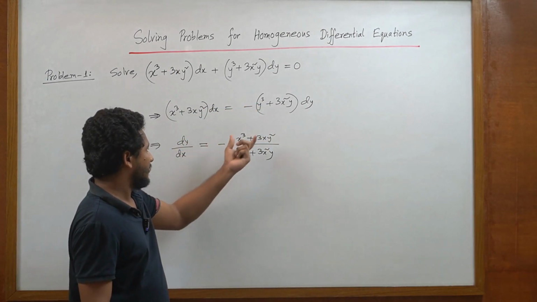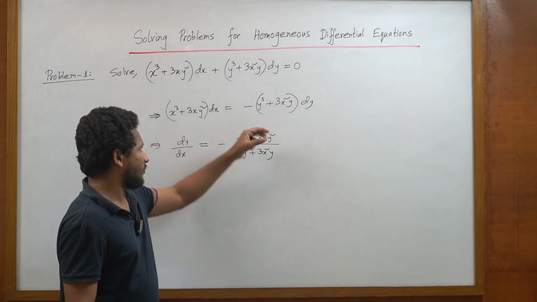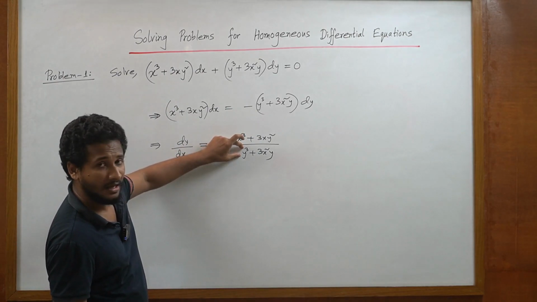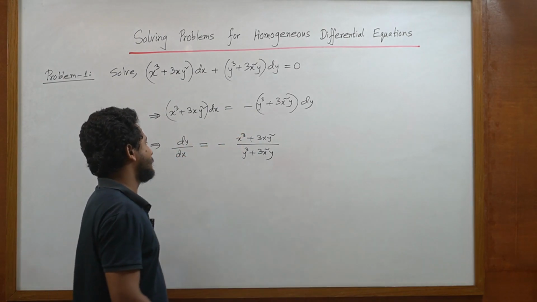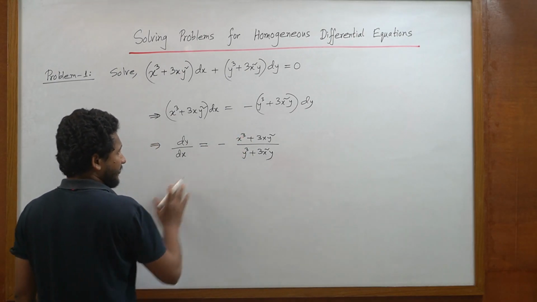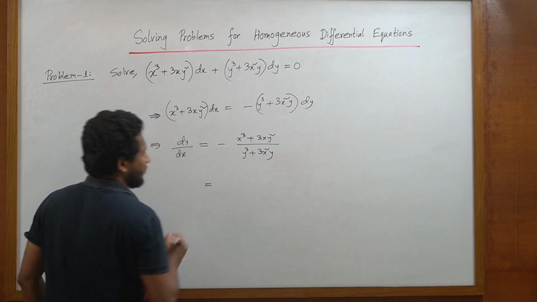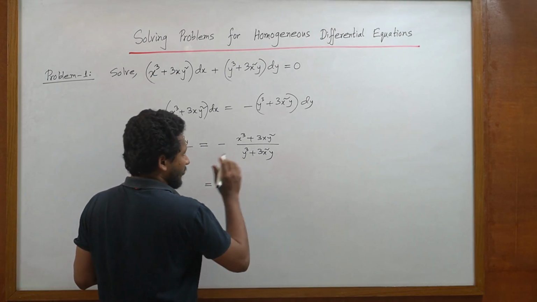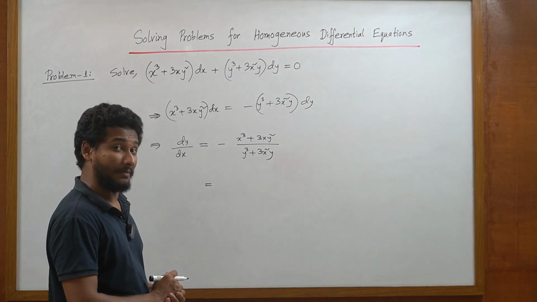So this is a homogeneous function at the numerator and a homogeneous function at the denominator. So when homogeneous functions are there, we will express it by a function of y/x.